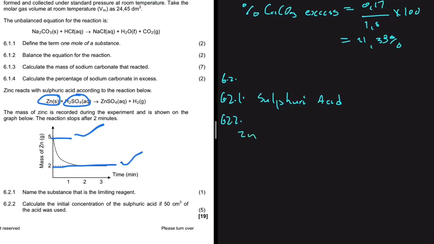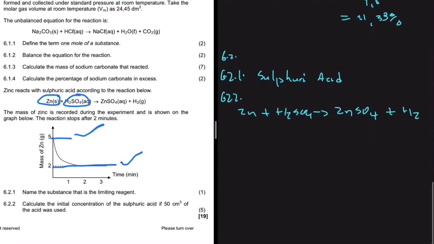So I have zinc plus H2SO4 giving me ZnSO4, I don't know what the name of that is, plus H2. The question is saying from the sulfuric acid, let's find the initial concentration.